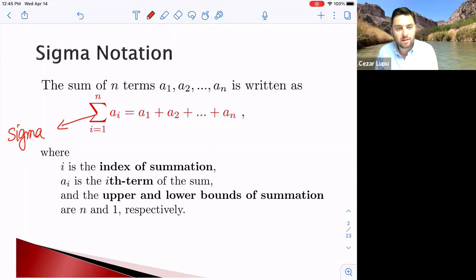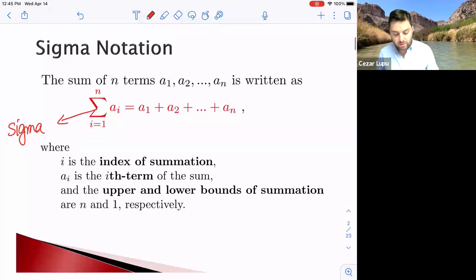So again, this is the letter sigma, and you sum up all ai's from i equals 1 to n. And let's see who these are. i is the index of summation, ai is the ith term of the sum. And of course, the lower and upper bounds of summation are 1 and n, respectively. So that's how we're going to write it. This is the general notation. I would like to see some examples.